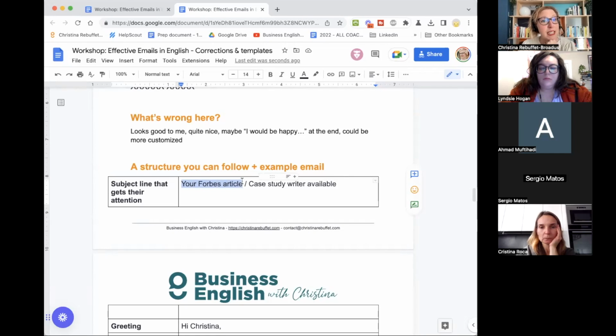I want to open this email and see what they're going to talk about. But they've also put some information about what the email is really about, let's say. They're proposing their services as a case study writer. And the fact that there's a slash, I mean, I don't know about you, but I rarely, almost never see a slash in my email subject lines.